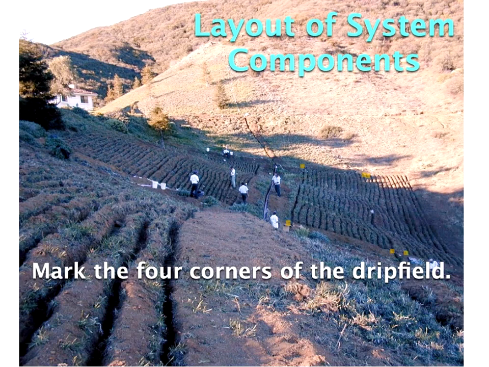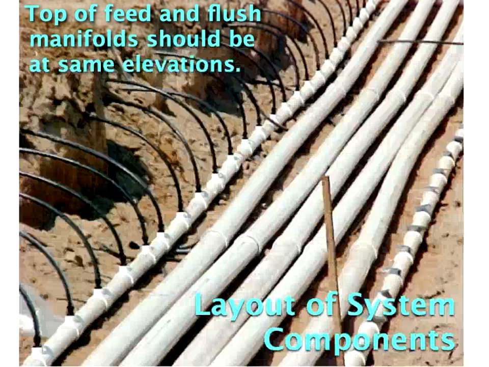Maybe I'm wrong, but that's what it looks like. So you'll want to put in your markers for each zone. A lot of people will build their manifolds in the shop. They're already set up with 2-foot spacing between the T's, so they can just carry it out and drop it in the trench.